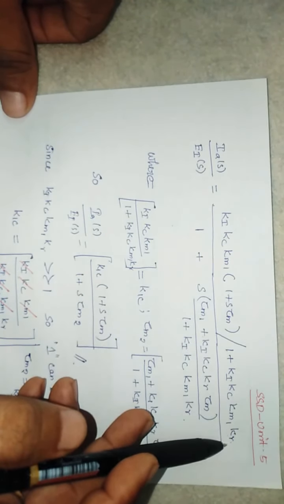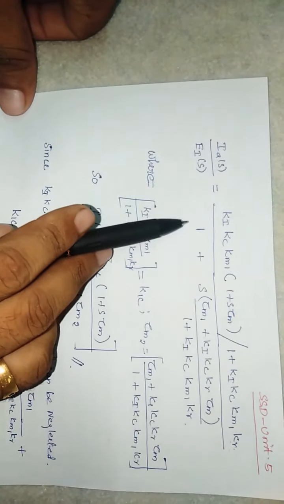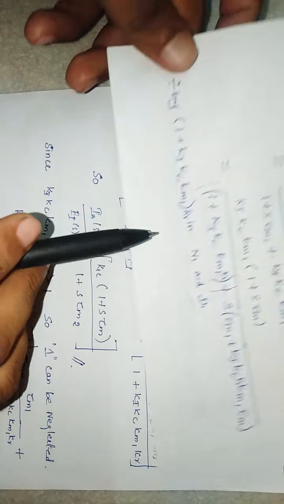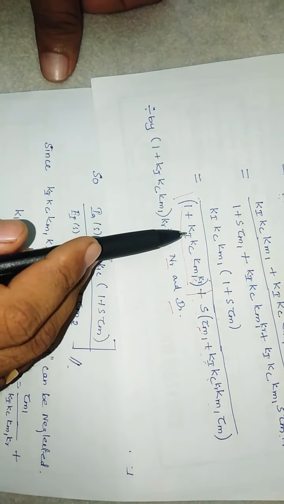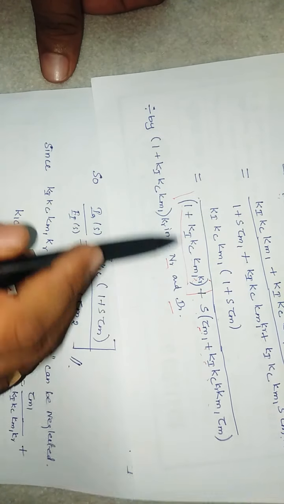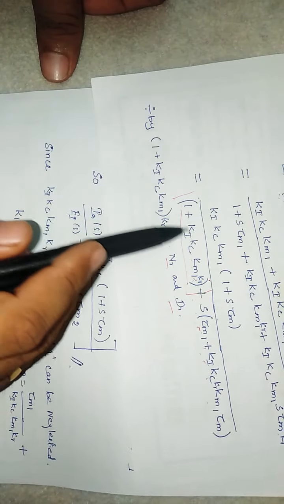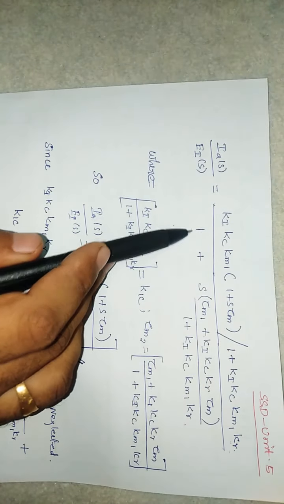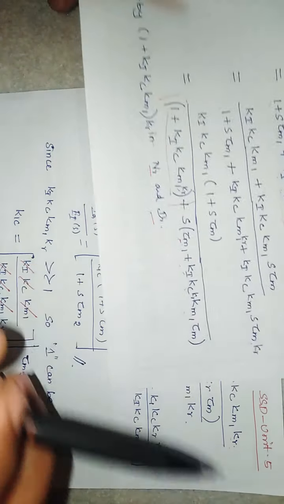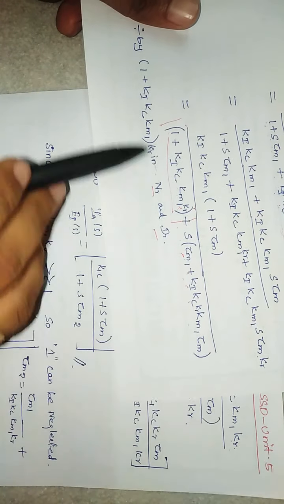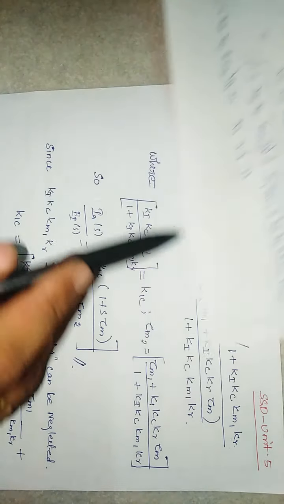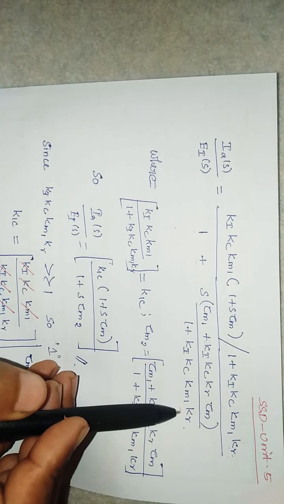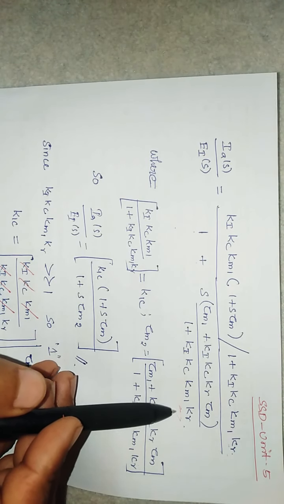In the denominator, we already have 1 plus s, and 1 plus Ki Kc Km1 Kr divided by this term in the sense the value will be 1, so I am taking 1 plus the remaining term also divided by 1 plus Ki Kc Km1 Kr.